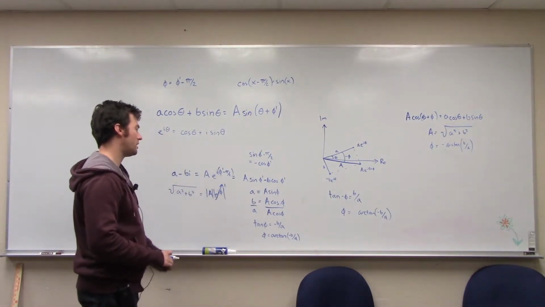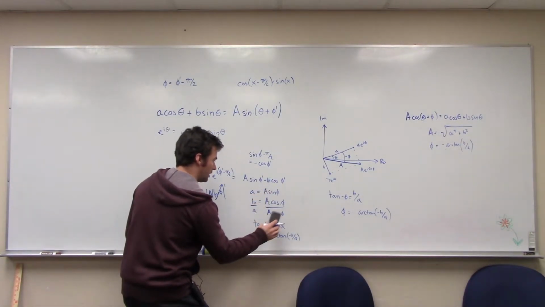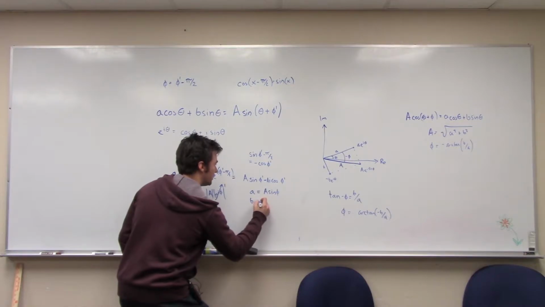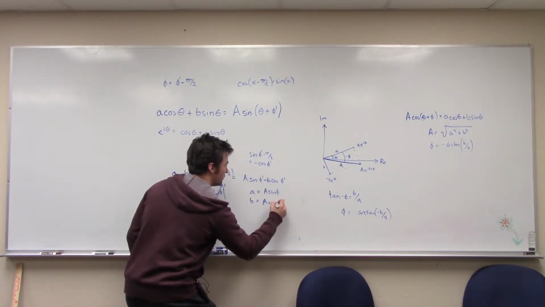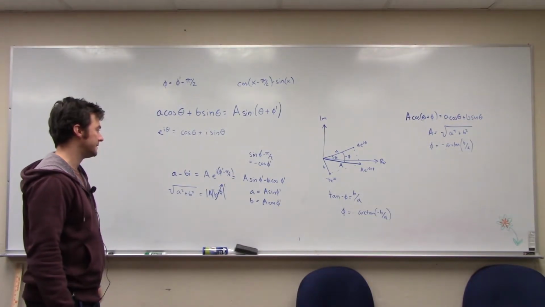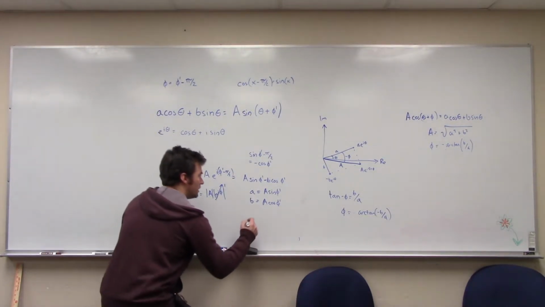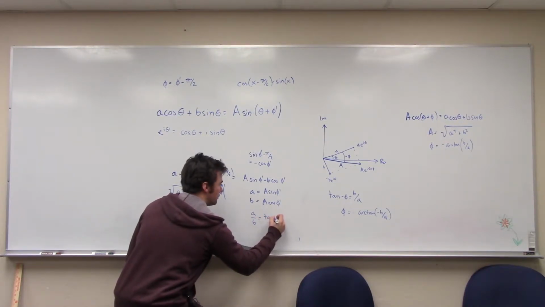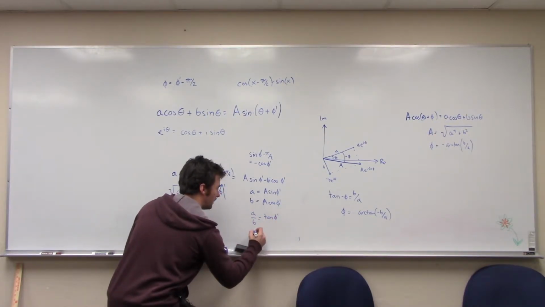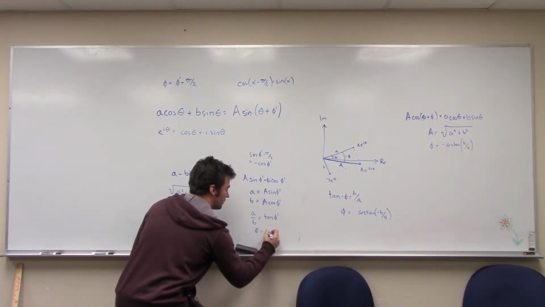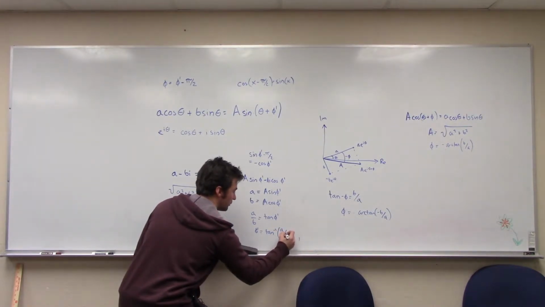Let's write this: b is equal to a cosine of phi prime. All right, let's divide through. So a over b is equal to tangent of phi prime, and that means phi prime is equal to arctangent of a over b.